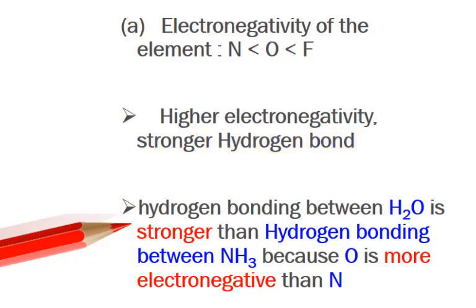This explains why hydrogen bonding between water molecules, H2O, is stronger than hydrogen bonding between ammonia molecules, NH3, because oxygen is more electronegative than nitrogen.